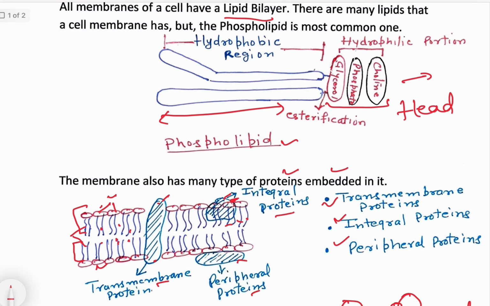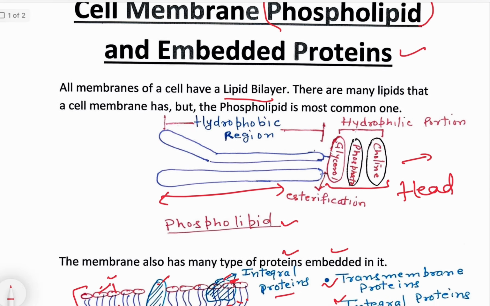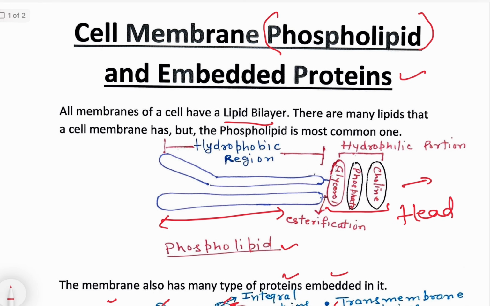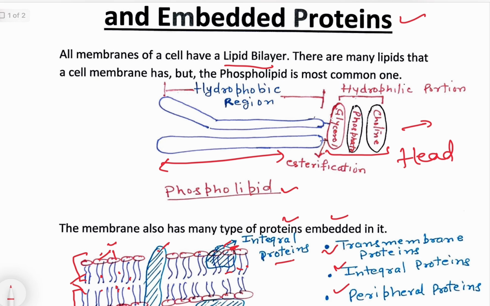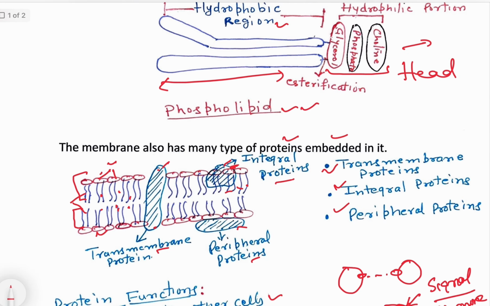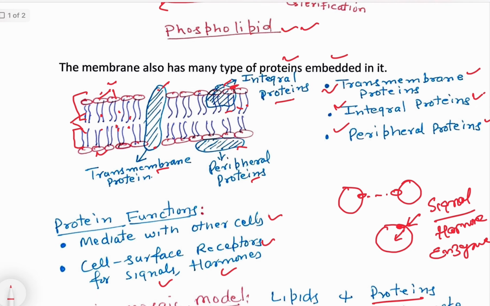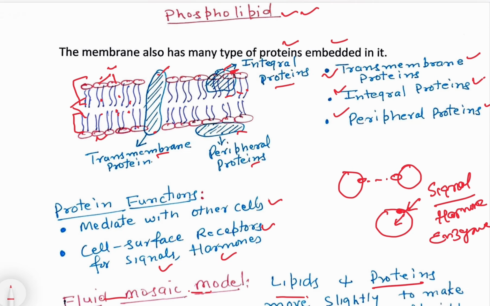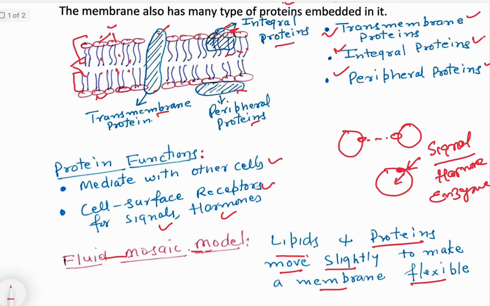So just to recap, the cell membrane is made mostly of phospholipid, and we described the structure of the phospholipid right here. Hydrophilic head, hydrophobic tail, and then there are some proteins embedded in this structure, and the functions of those proteins we discussed briefly, and the model of this layer is that it is flexible.